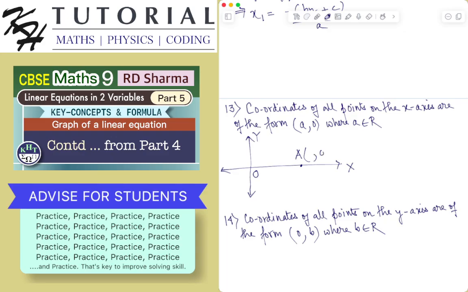Ordinate of the point A will be 0. Now the abscissa of the point A can be anything, depending on the distance of the point A from the y-axis.